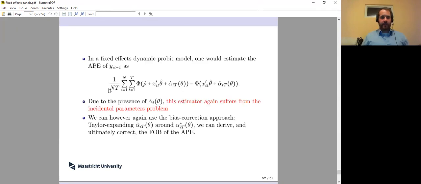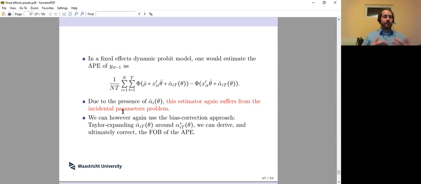In fixed effects, again, you would apply the idea that everything that is unobserved, you estimate. So instead of the alpha 0, you plug in the estimator alpha hat. And because you have this alpha hat in there, you again have an incidental parameters problem.